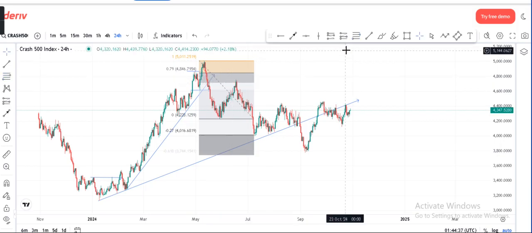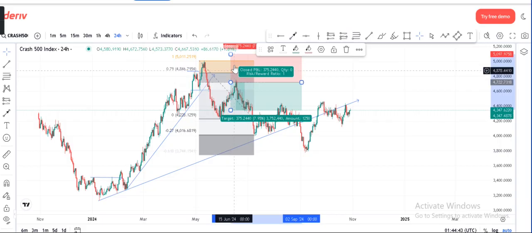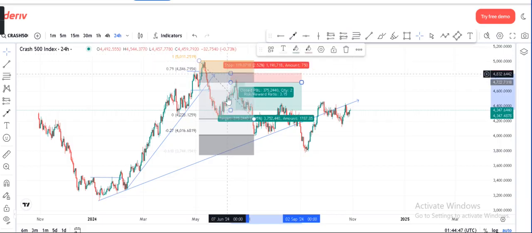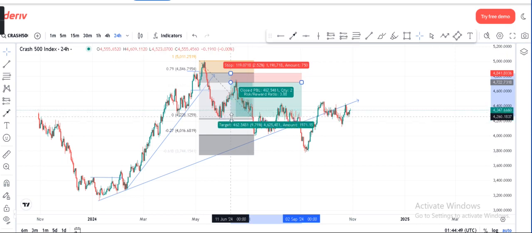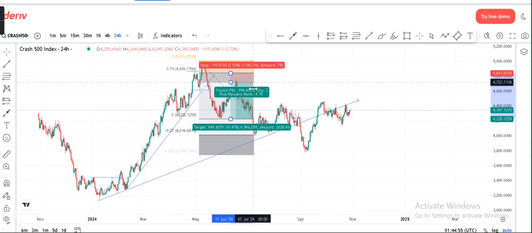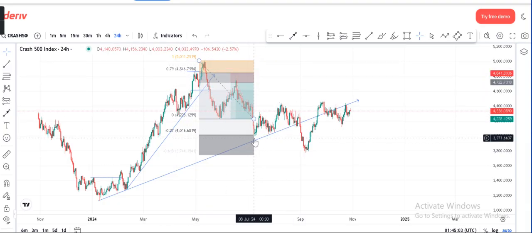Sorry, which meant we had our entry from this particular level to our stop loss here and our take profit at this point. So that being the case, this particular trade has hit take profit.